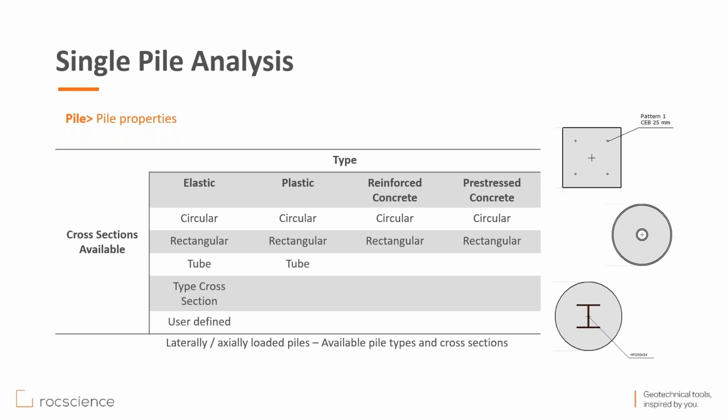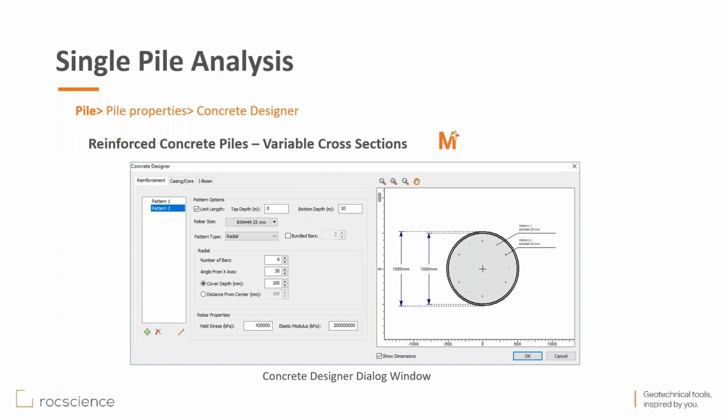Different pile types can be defined in different geometries, and almost all of them are parameterized, so you have total control of what is available in local and global practice as well. You're able to model variable cross sections and tapered piles.